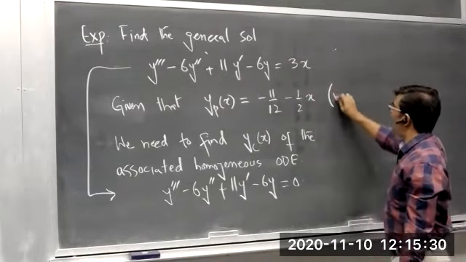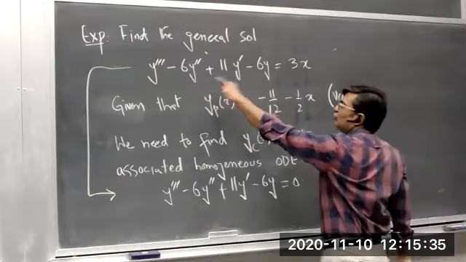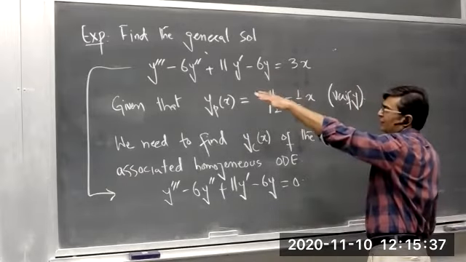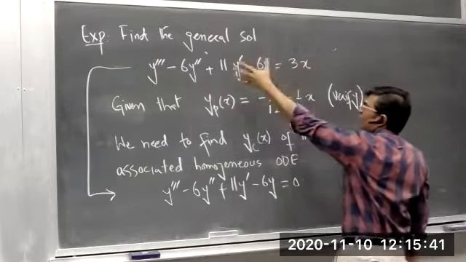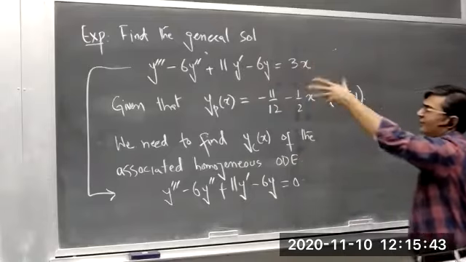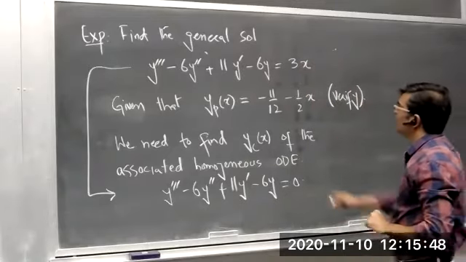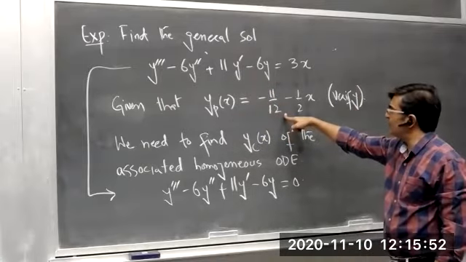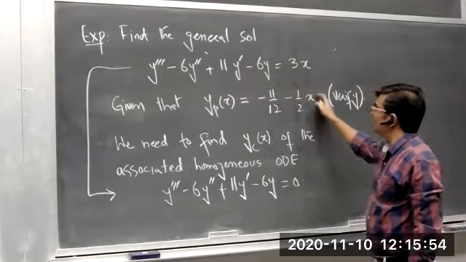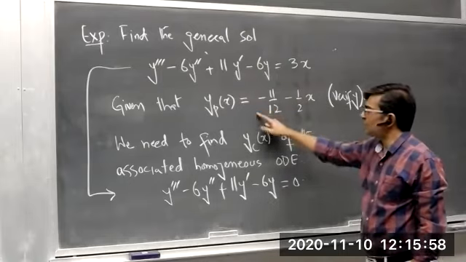If we insert this function in the differential equation, both sides become equal. We call it a particular solution because it does not contain any arbitrary constants.